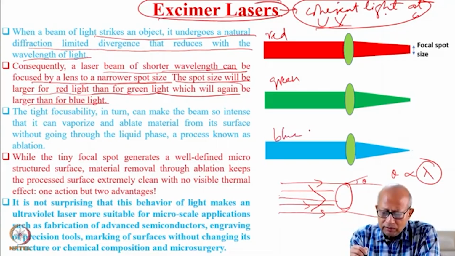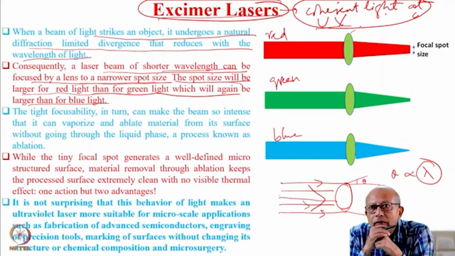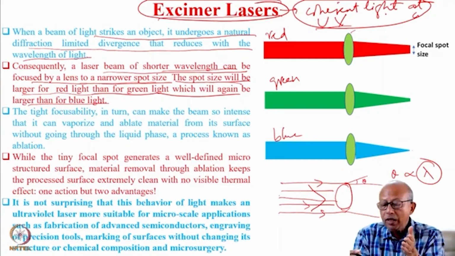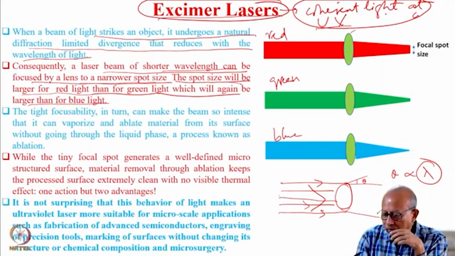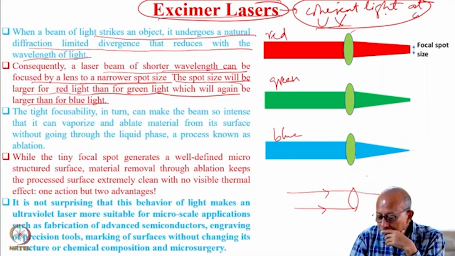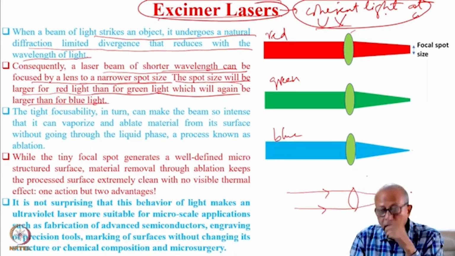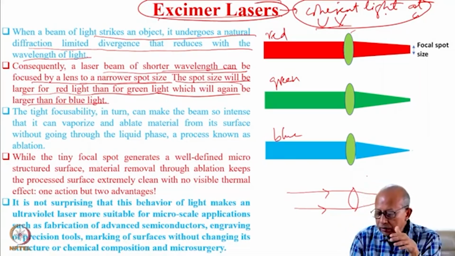And if we focus these three beams by a lens of the same focal length, then if there is no diffraction, if you would focus a parallel beam of light, it will be focused to a point. But in reality, there will be diffraction, and so when you focus, it will not be focused at a point.